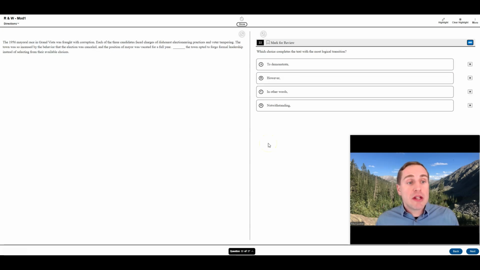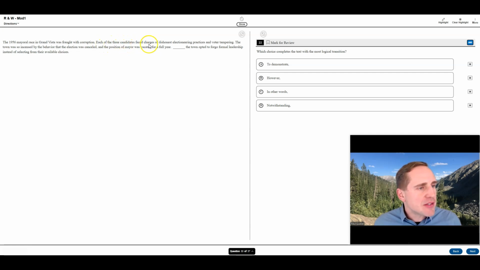Okay, now question 22. Now we're moving on to something else. Which choice completes the text with the most logical transition? This is still related to English grammar, but the most logical transition is going to be what makes the sentence go properly in this blank. The 1956 mayoral race in Grand Vista was fraught with corruption.